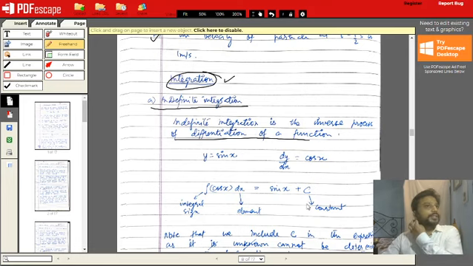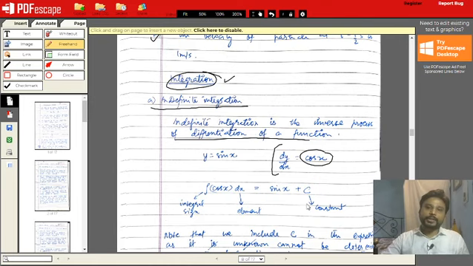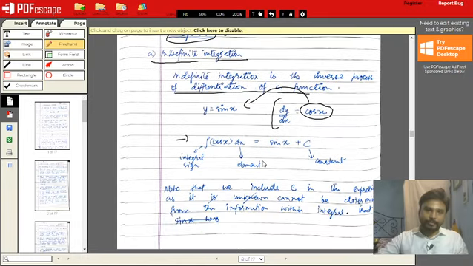For example, if we differentiated something and we got, let's say, cos x. For example, we know this much only: dy by dx was cos x. Then we would say that when we integrate cos x, we would get sin x. So this is what is written here. We put an integral sign, which is an elongated sign.